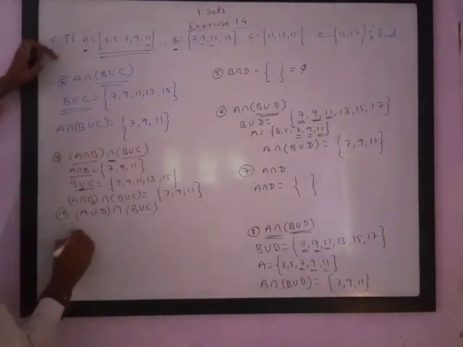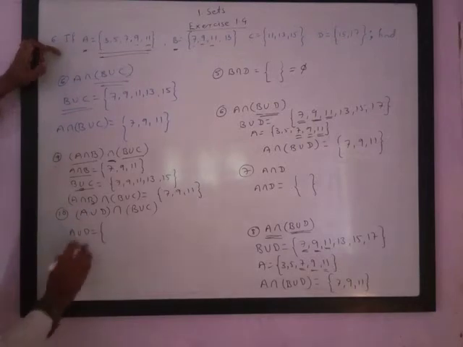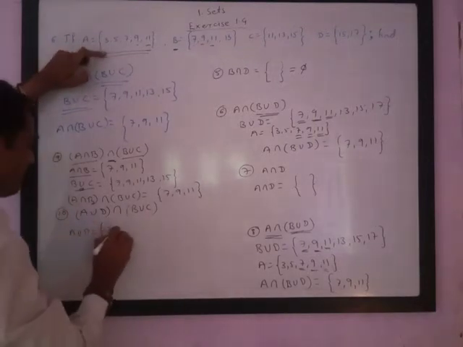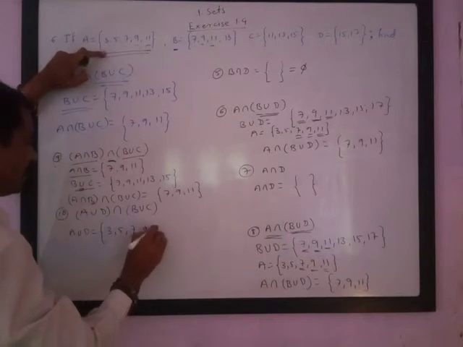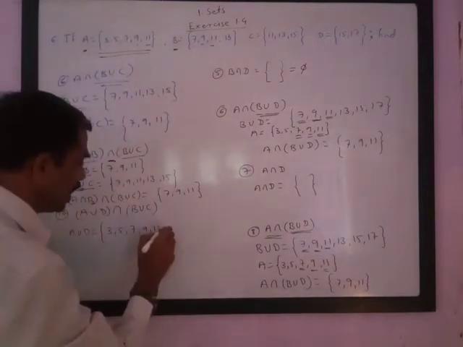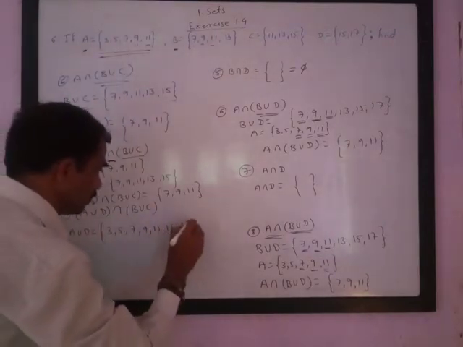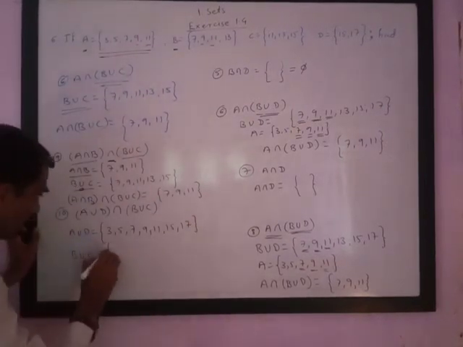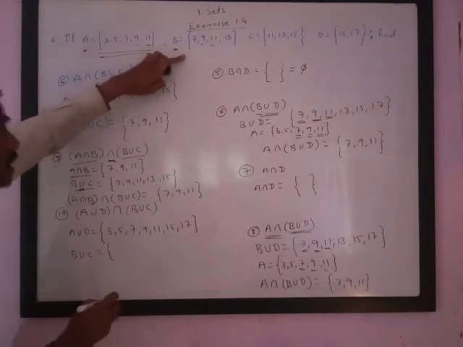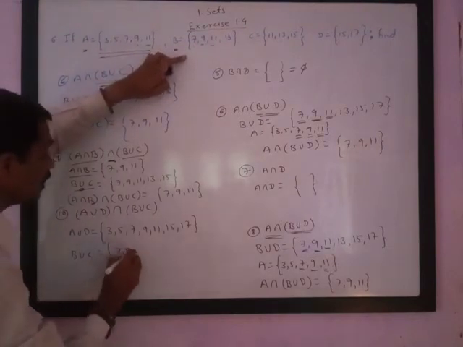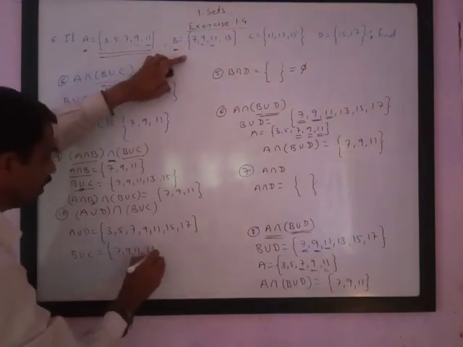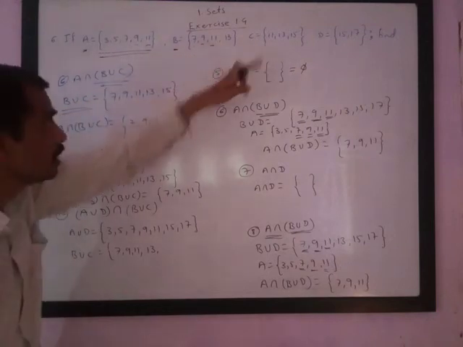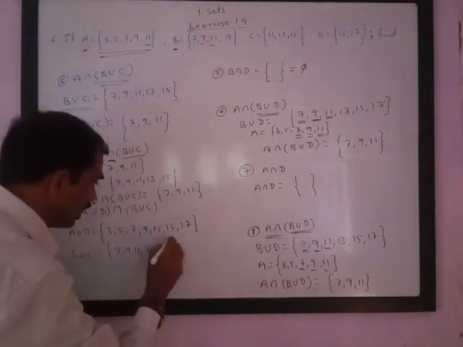A union D is equal to the set of 3, 5, 7, 9, 11, and D is 15 and 17. Then B union C. B union C is equal to 7, 9, 11, 13 and C is 15. 11, 13 is already written.